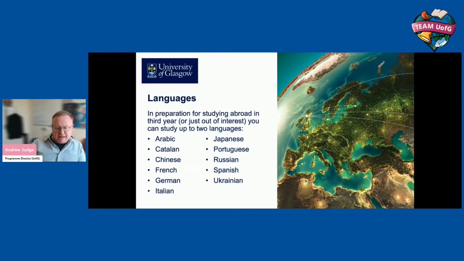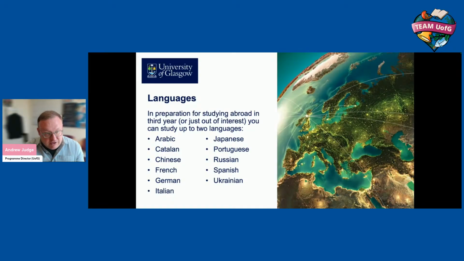Another possibility is you can pick up a language. We encourage students in second year, even if you're not doing a language as a major part of your degree, to maybe pick up a language, especially if you're considering doing a year abroad, because we do have that as an option in third year usually. But you can pick up languages just basically out of interest, and you can study up to 2 languages at a basic level.